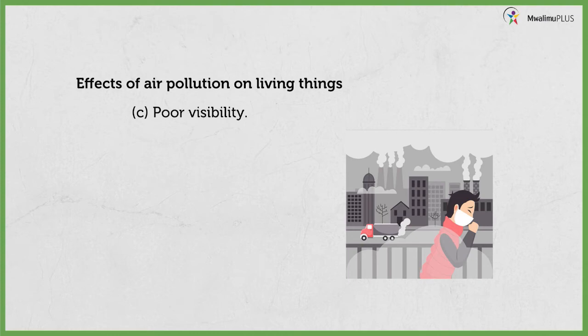So, in other words, there is what we call poor visibility. Those people are not able to see properly just because the air has been polluted. So that is also another effect of air pollution. When you pollute air, then there will be poor visibility.